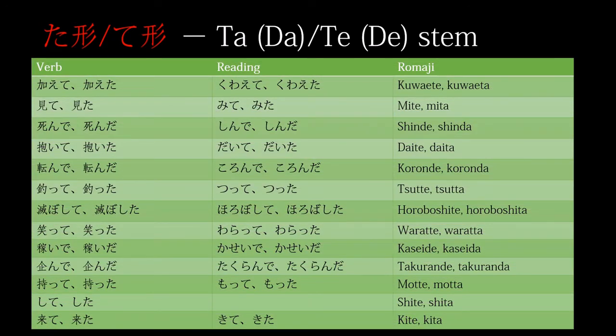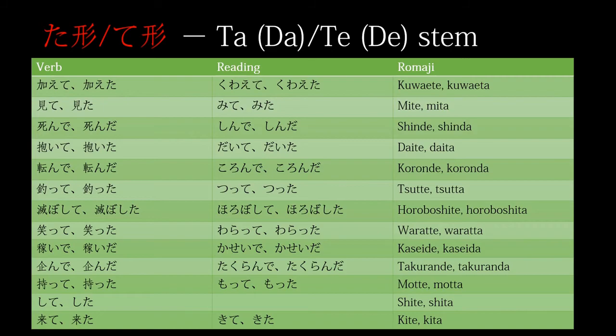And let's see this on our table. This time I would like to simply mention that our last two verbs on this table are our irregular verbs, suru and kuru. We see them as shite, shita, and kite, kita. And in the case of our ichidan verbs, the first two from the top, it's kuwaete, kuwaeta, and mite, mita.